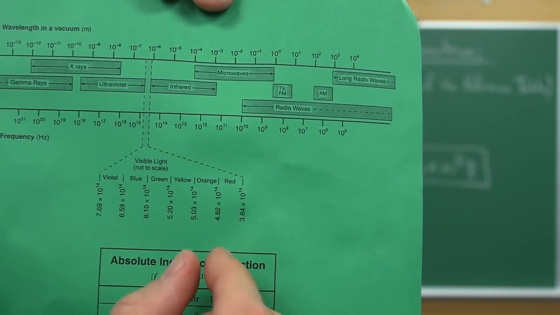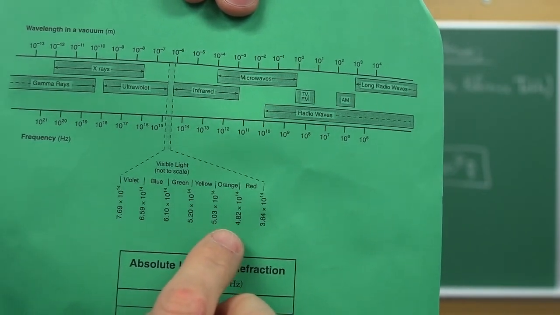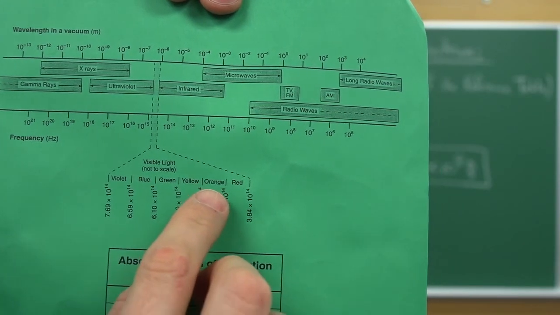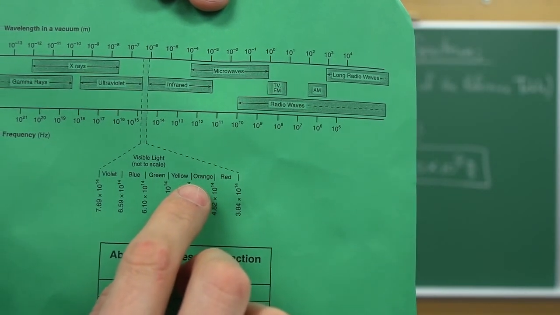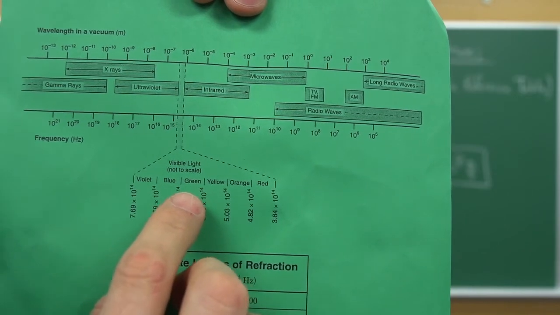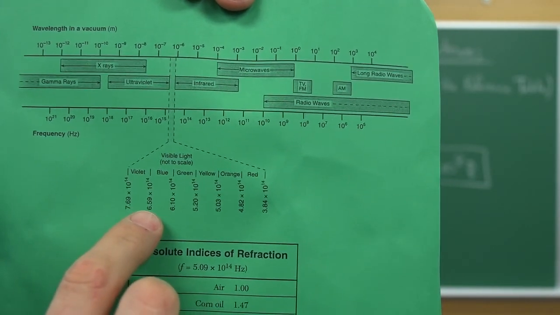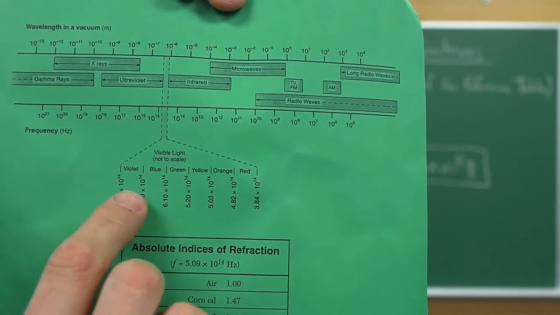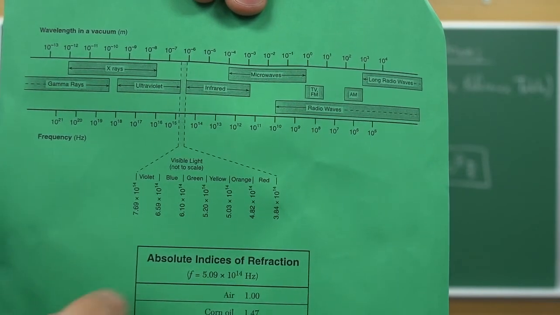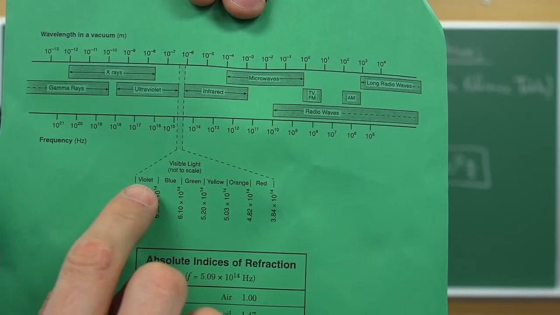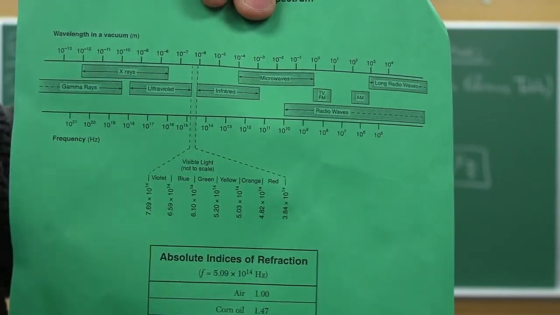So if I shake between 4.82 and 5.03 times 10 to the 14th hertz, that creates orange light. Shake faster: yellow, green, blue, violet. Between these two frequencies, the region where I was shaking that rod, if I could shake it that fast, would be glowing violet, like a purplish color.